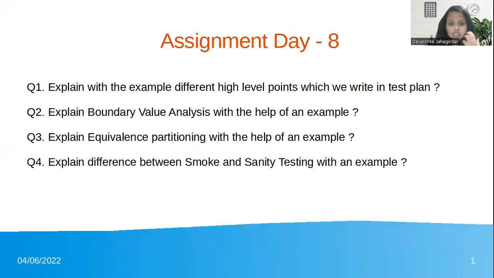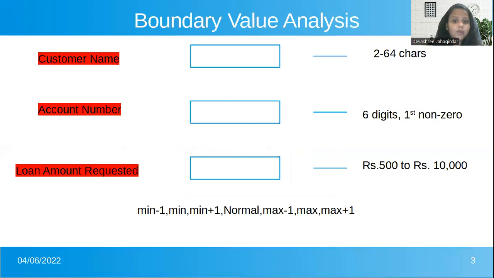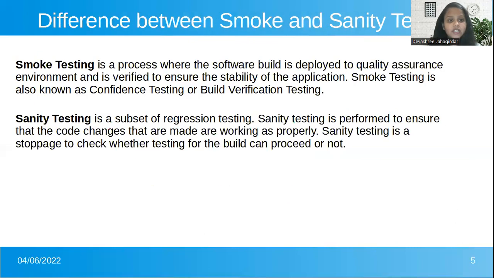Now the last and fourth question is, explain the difference between smoke and sanity testing with an example. So what is smoke testing? Smoke testing is the testing where all the features are tested, right?